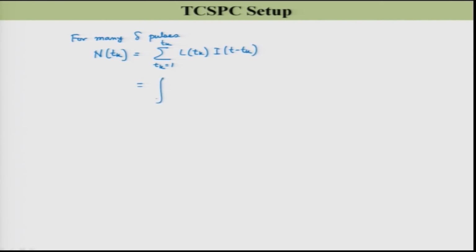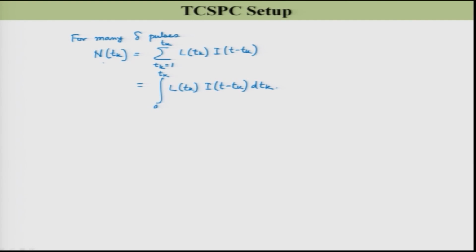For many, I can simply integrate, integration 0 to t of L(Tk) I(t minus Tk) dTk, right. So, this is the effect of many delta pulses in that excitation pulse light.